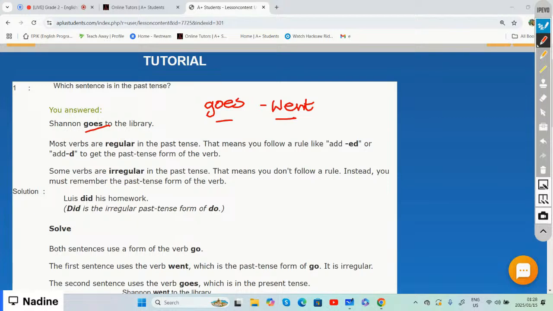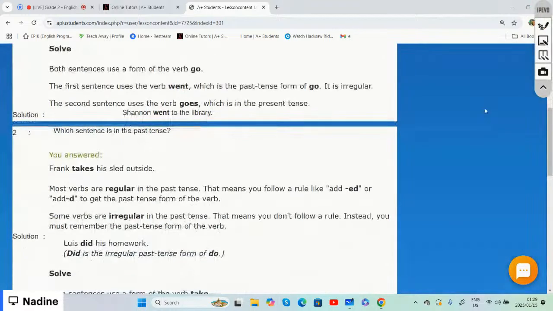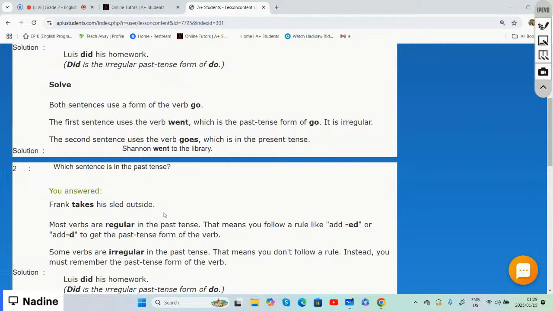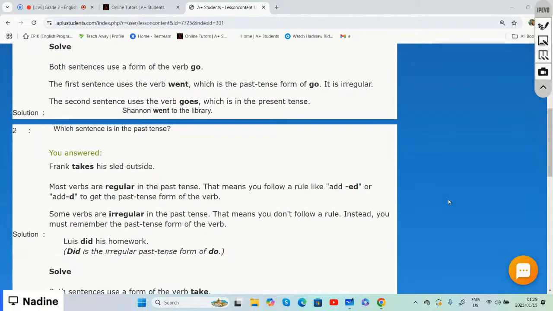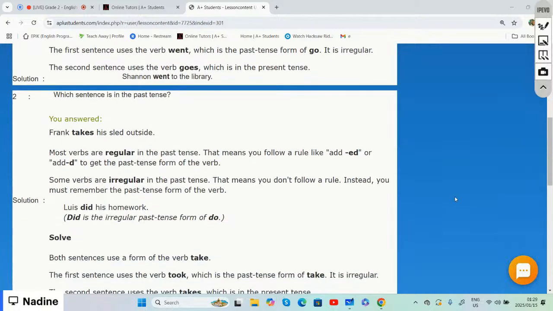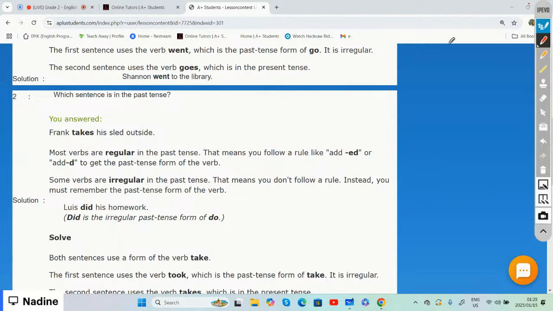All right. And here we have the first past tense verb. So went. Well done. The next one says Frank takes his sled away. Takes. We need to find the past tense of takes.